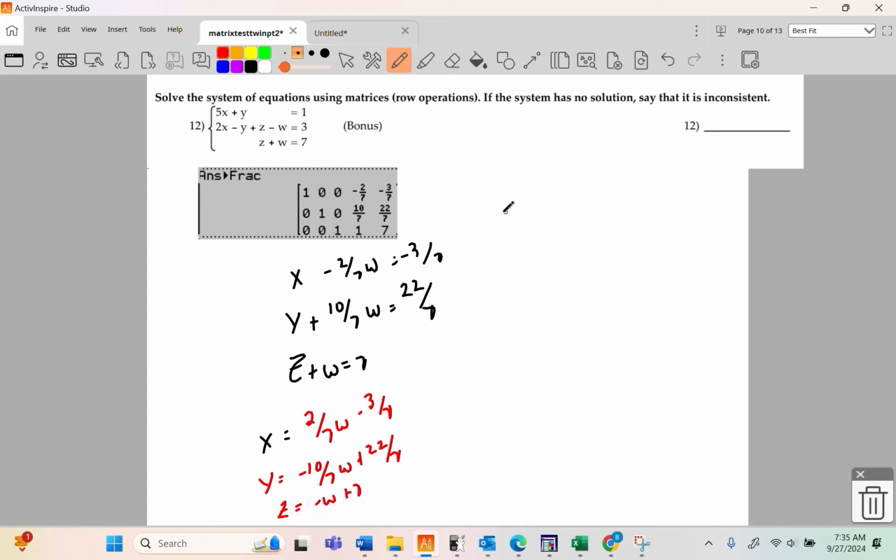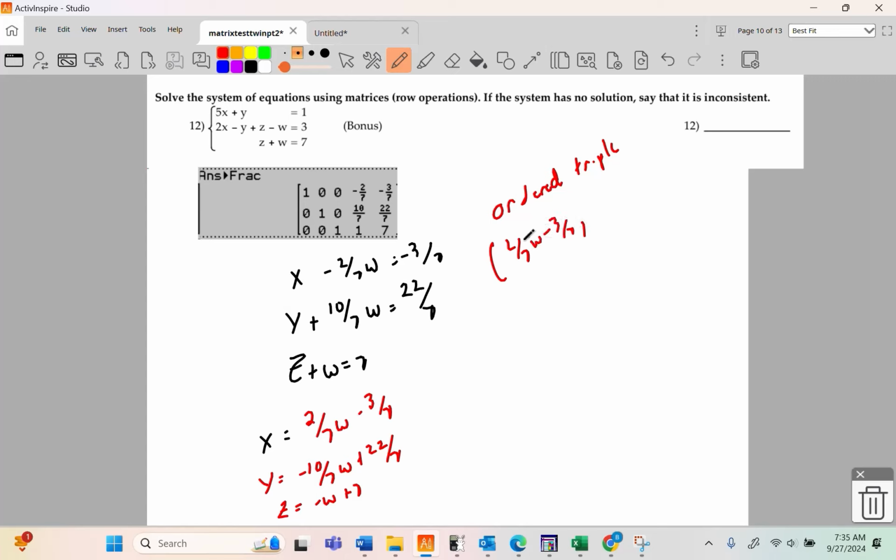What does this look like as an ordered triple? I think that's what confuses some kids in college algebra, when we present the answer as an ordered triple, because why aren't there any numbers in the thing? That's the issue. But the ordered triple is kind of funny. This is x. It's 2/7 of w minus 3/7.